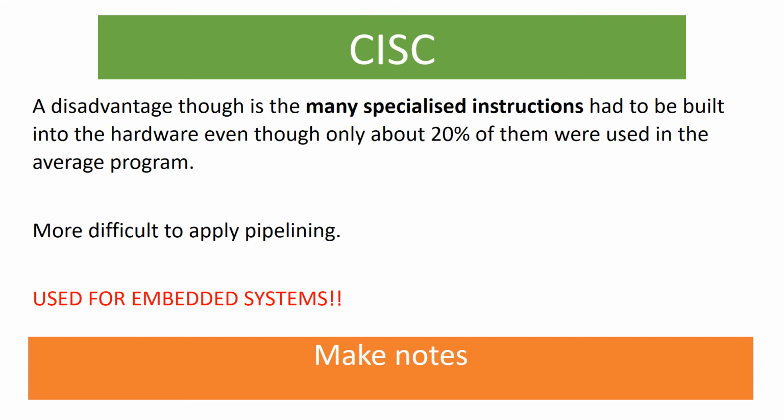However though, this makes it a lot more complex when we're having to store specialised instructions into the actual hardware. And we're not going to use all of these instructions very regularly. So on average we use about 20% of those. And as we said already, it's more difficult to apply pipelining. They're used more or less in embedded systems.